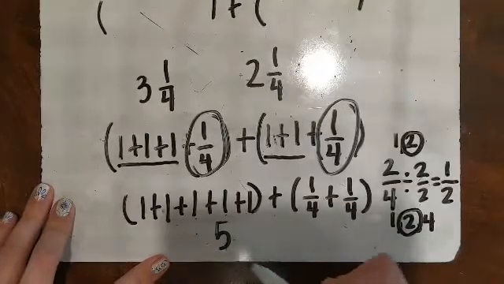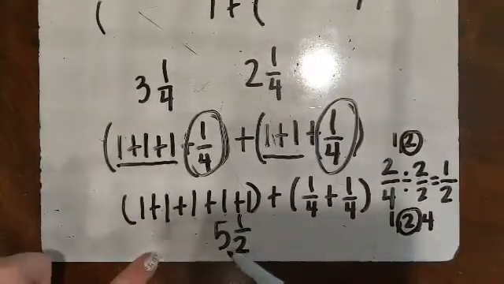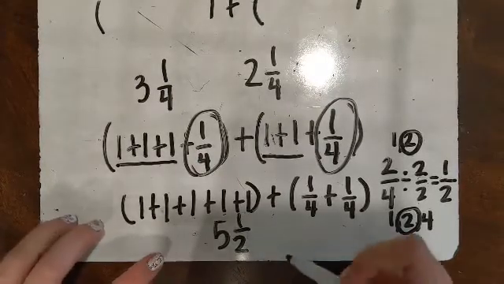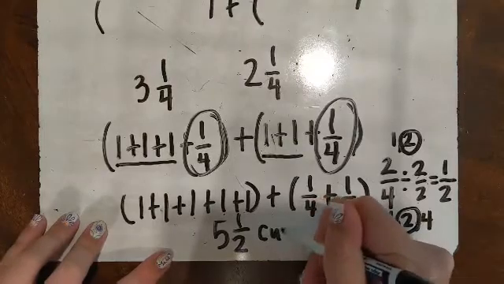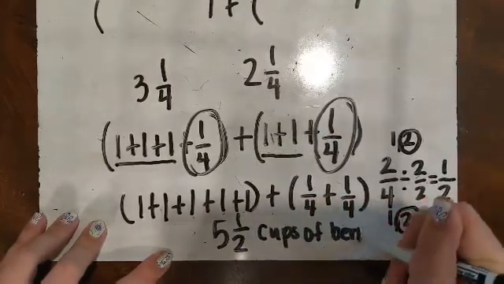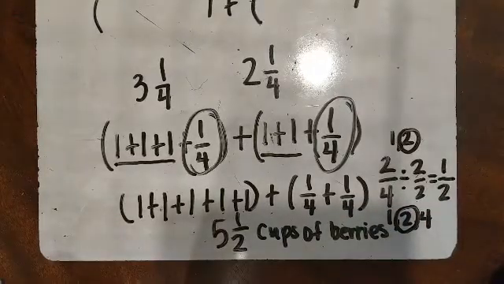So I have 5 and 1/2. Make sure you have your whole and your parts all together at the end, okay? So my answer is 5 1/2 cups of berries. You with me there? All right.